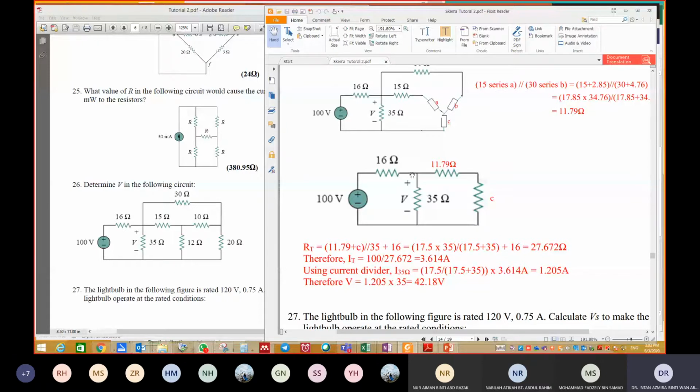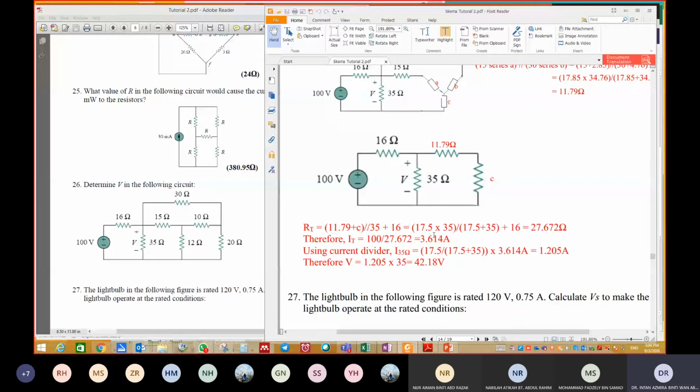So I total is equal to V total over R total. Of course, you have to find the R total. R total is 11.79 plus R_C, where R_C is equal to 5.71. And then this must be parallel with 35, and then plus 16.